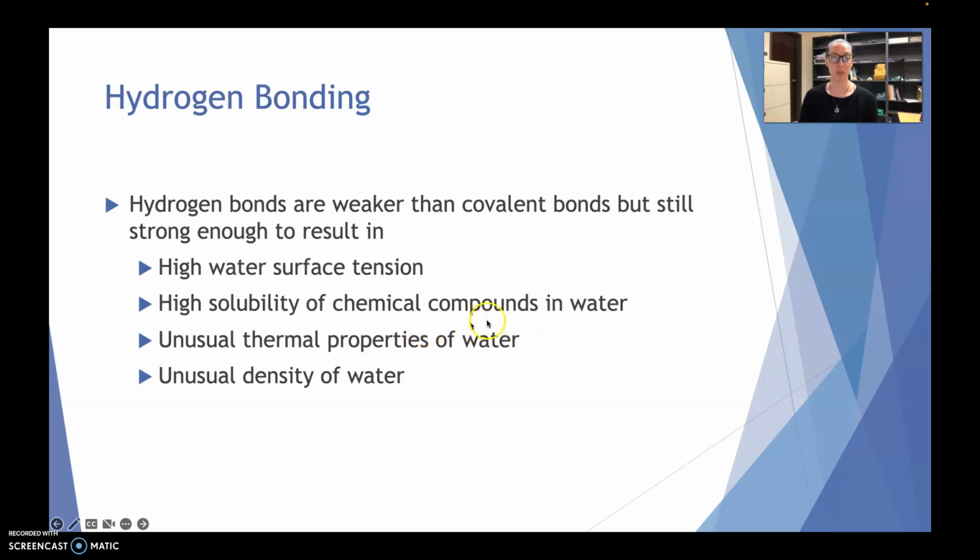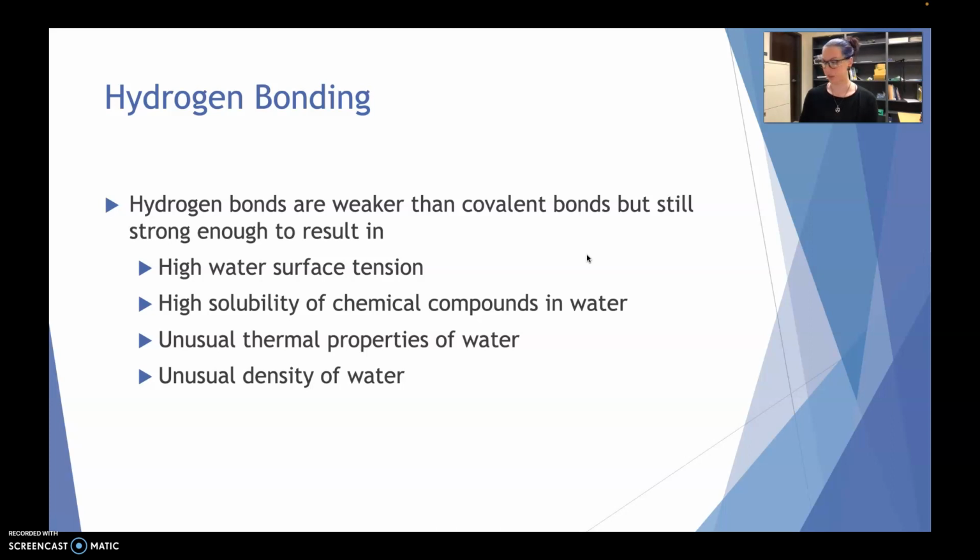There are also some really unusual thermal properties of water, meaning that it takes a ton of energy to change the temperature of water, whether you're cooling it down or warming it up. And lastly, there's the unusual density of water. So we'll get to that here in just a second. So I want to go into details of these components that make water so unique.